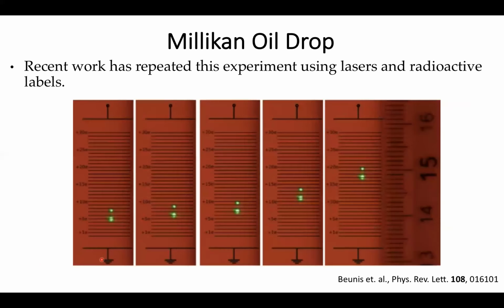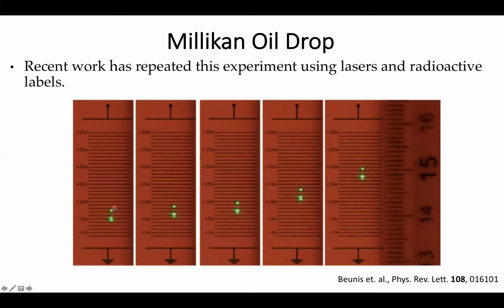Now, just because this experiment was done 100 years ago doesn't mean that people aren't still working on it. Actually, over this last summer, a group was able to essentially repeat the Millikan oil drop, except using radioactive labels to help see the oil drop as it moves, and essentially lasers instead of magnetic fields to control the falling velocity.